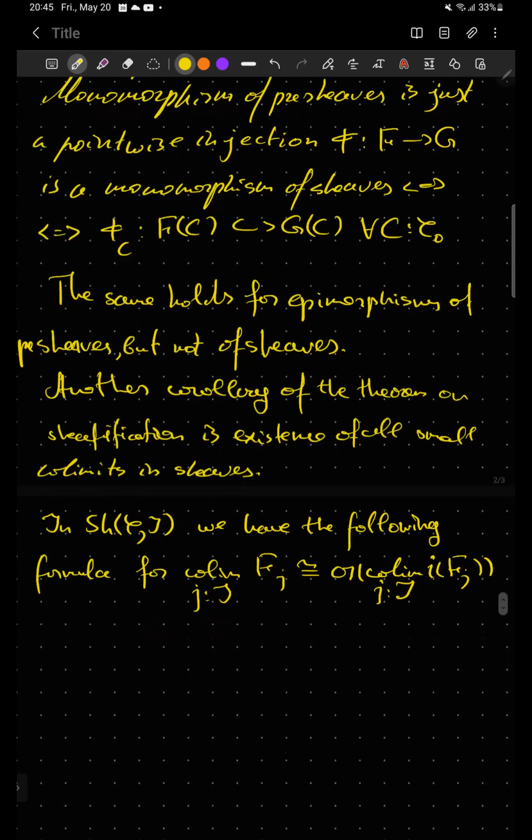Okay, so since the colimit of pre-sheaves is computed pointwise, we see that we have the following formula.